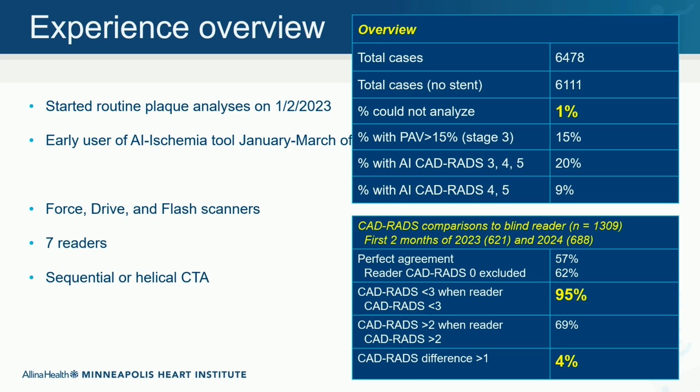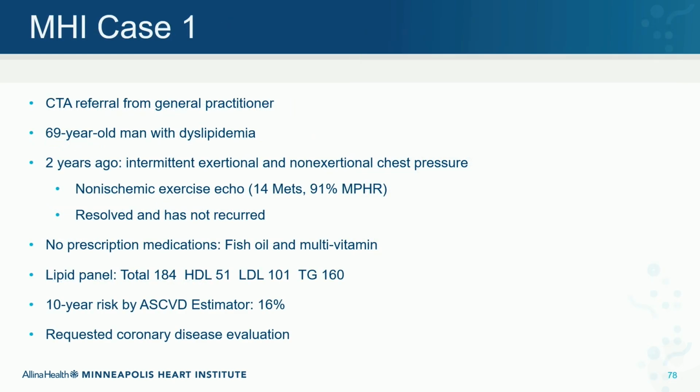And then I think what really clinched it for us in terms of having confidence using this is that when our readers felt like we're looking at non-obstructive disease, with no selection and with no editing, Cleerly agreed with our readers 95% of the time. And only 4% of the time was there a CAD-RADS difference of grade greater than 1. So even though we think stenosis is just a small part of the picture, it is a big thing in terms of us getting more confident with the information.